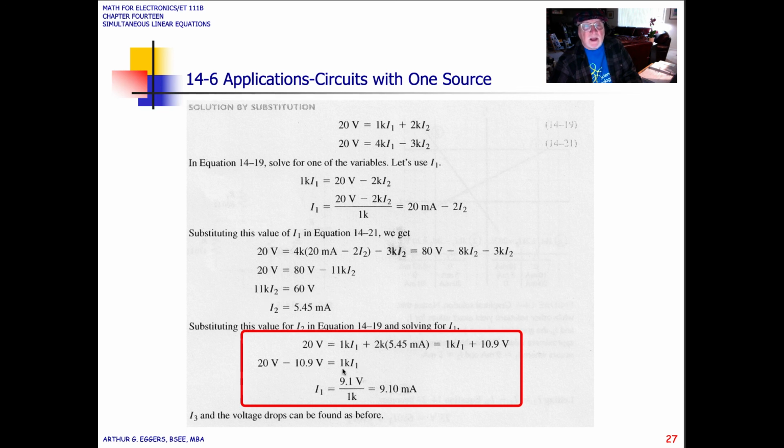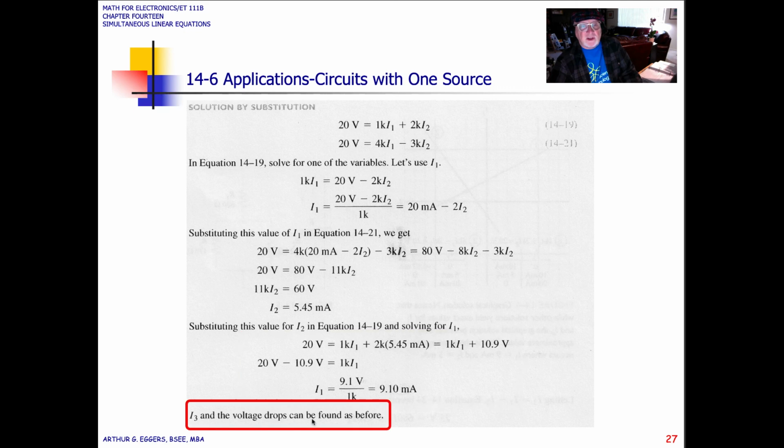The next step, again, we rearrange the terms so that we have I1 by itself on the left side of the equation, and then we can subtract 10.9 volts from 20 volts. That gives us 9.1 volts. We divide it through by that 1k, and we get 9.1 milliamps. I3 and the voltage drops can be found as before.